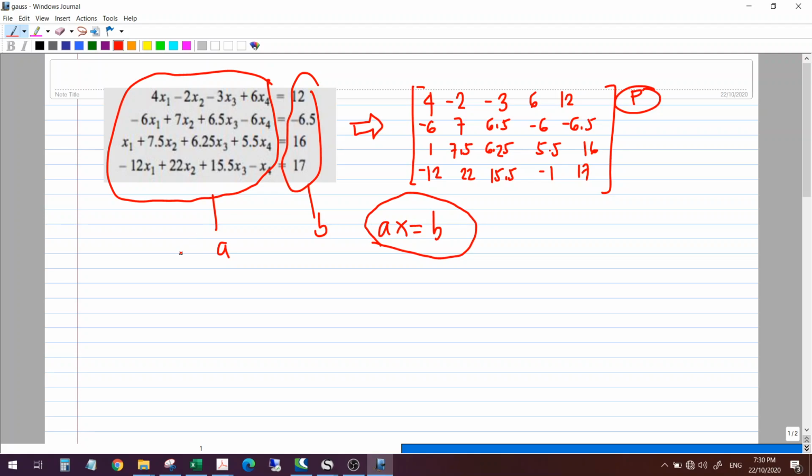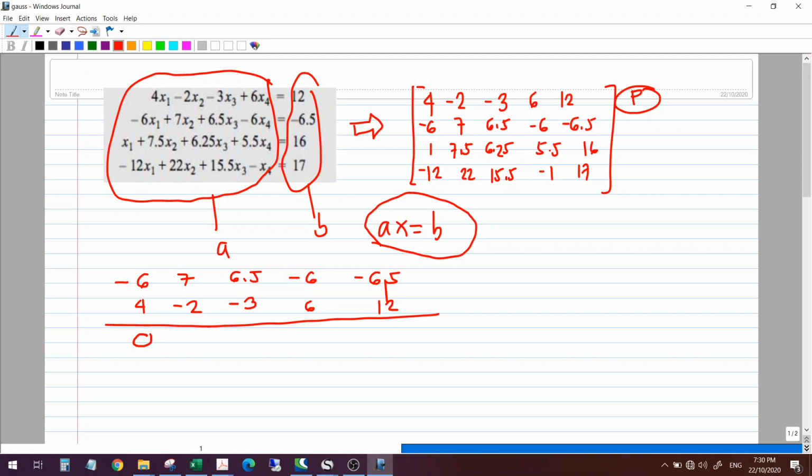Example, let's rewrite negative 6 and then 7, 6.5, negative 6, negative 6.5. Then write down the pivot equation: 4, negative 2, negative 3, 6, and then 12. So again, the goal is to make this first element here 0.